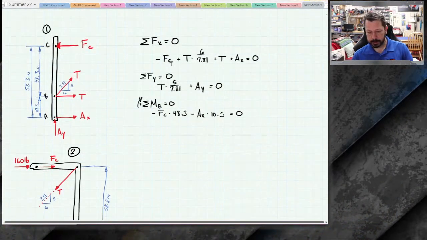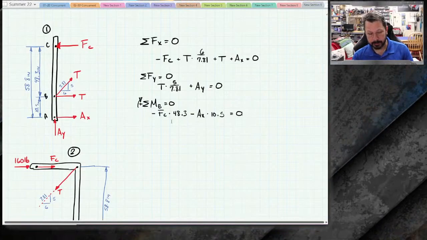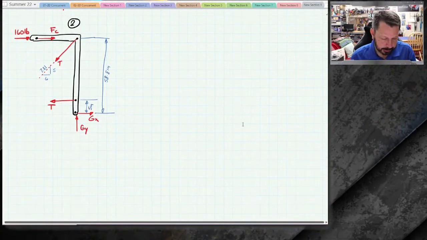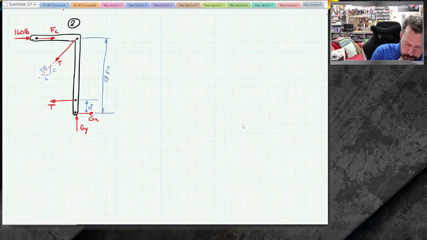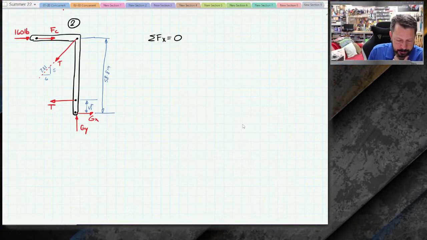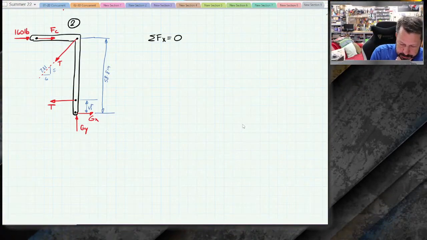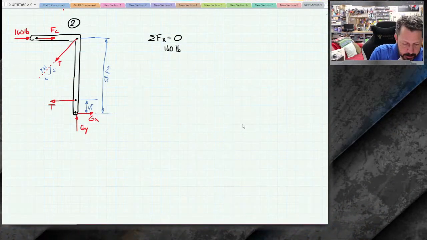But so there's 3 of our equations, but there are 4 unknowns in here. So I'm going to have to write the next set of equations. So let's see, what did I do? I did x, y, and moment. So summation of forces in the x direction for this piece. I've got 160 pounds. I'll put the pounds on there.